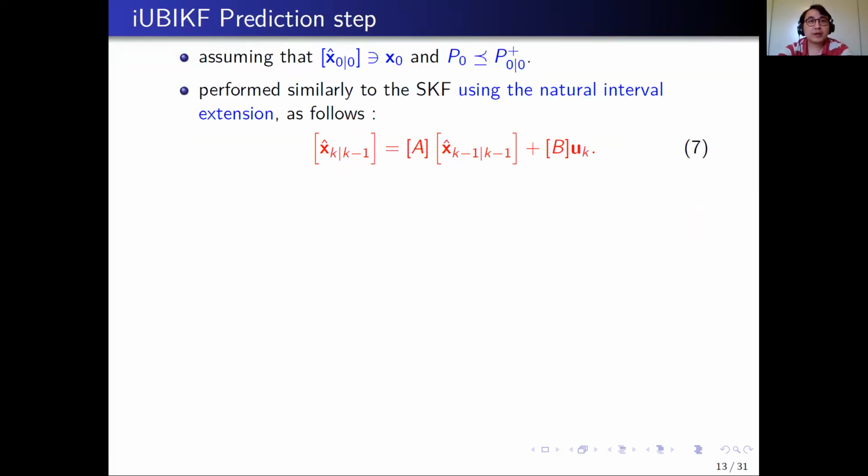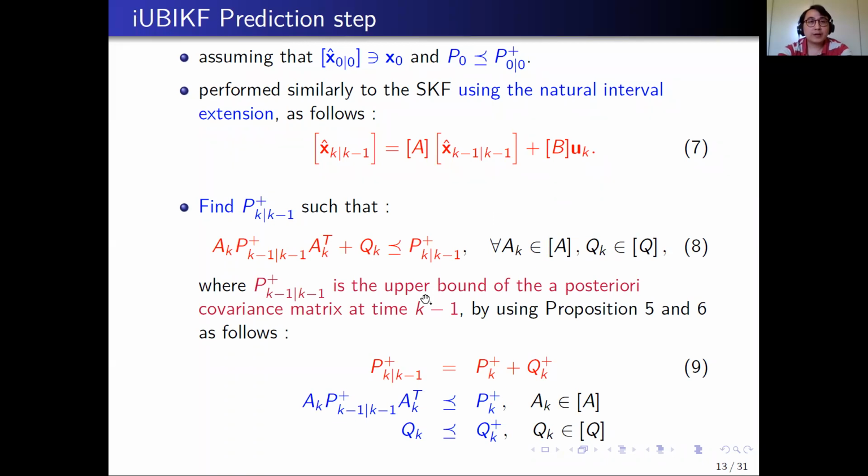In the prediction step, assuming that the real state x_0 is included in the estimate interval x hat 0|0, and the error covariance P_0 is upper bounded by P plus 0|0, the prediction step performs similarly to the standard Kalman filter using the natural interval extension as expressed in equation 7.